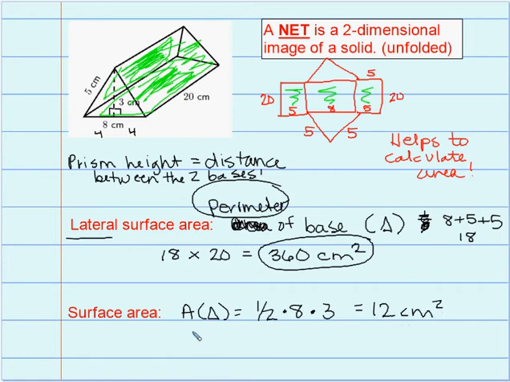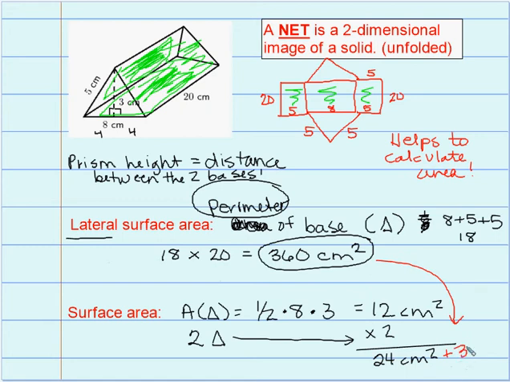But remember, there are two triangles, so multiply 12 times 2, and we get 24 centimeters squared, which is not our surface area yet, because I need to add this with the 360 centimeters squared that I had from before, and I get 384 centimeters squared as my total surface area.